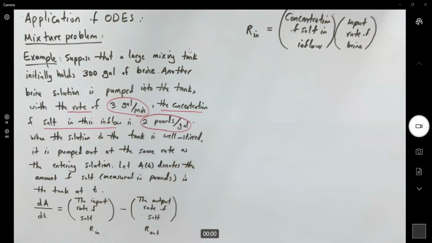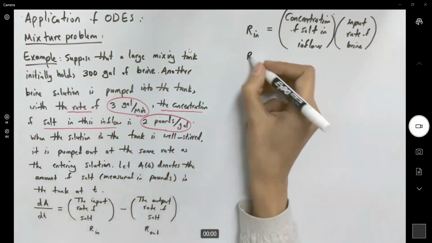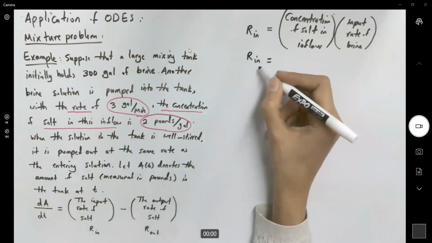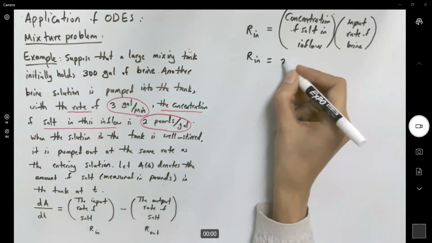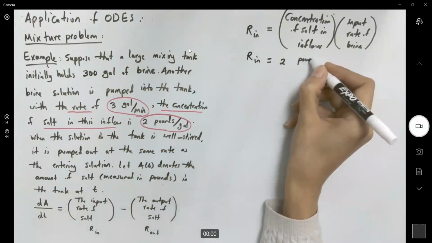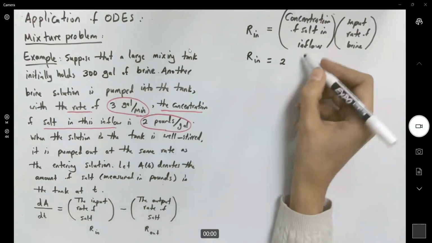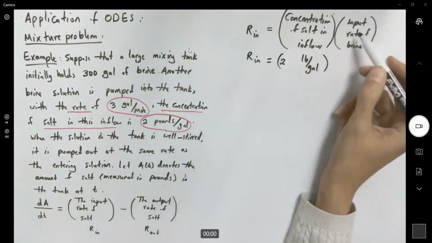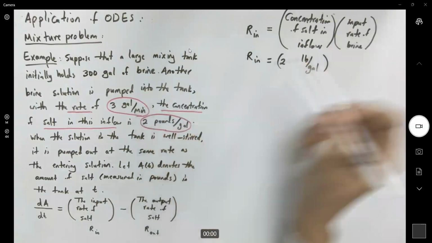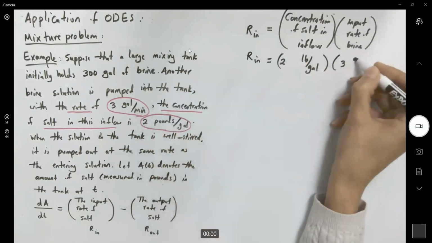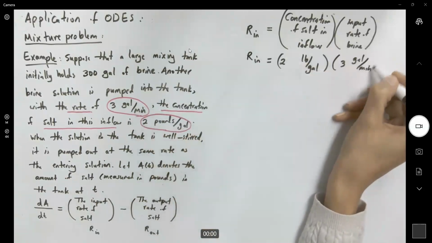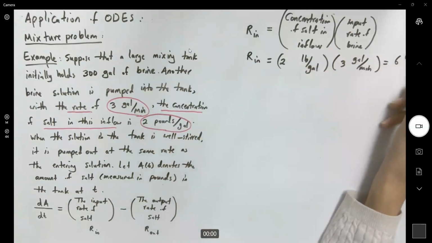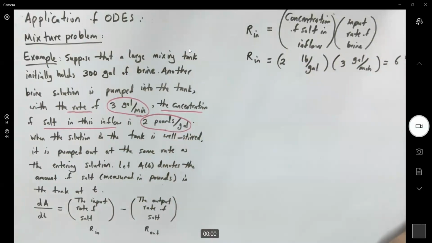So far, we know that R sub in, the input rate of salt, is 2 pounds per gallon times the input rate. What is the input rate? 3 gallons per minute. So what do we get? We get 6 pounds per minute.